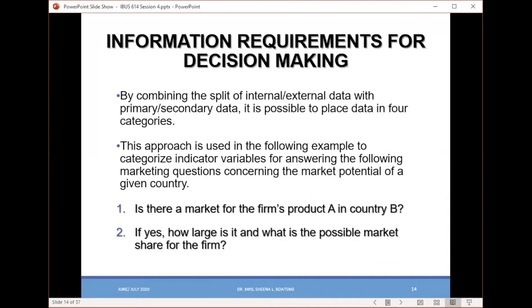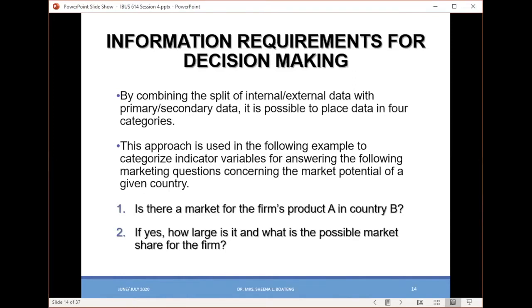So you can use these 4 types of data in these 4 categories to help you to be able to ascertain whether or not to enter a market, how to enter a market, what implementation strategy you should use, what entry modes you should use. All these decisions can be done using these 4 categories of data.